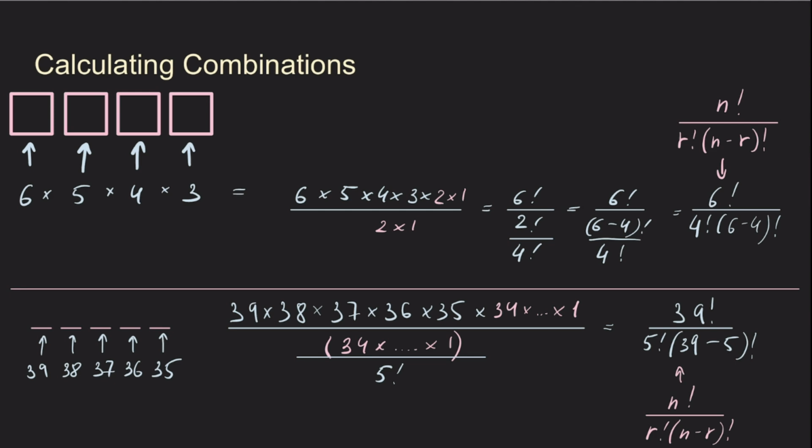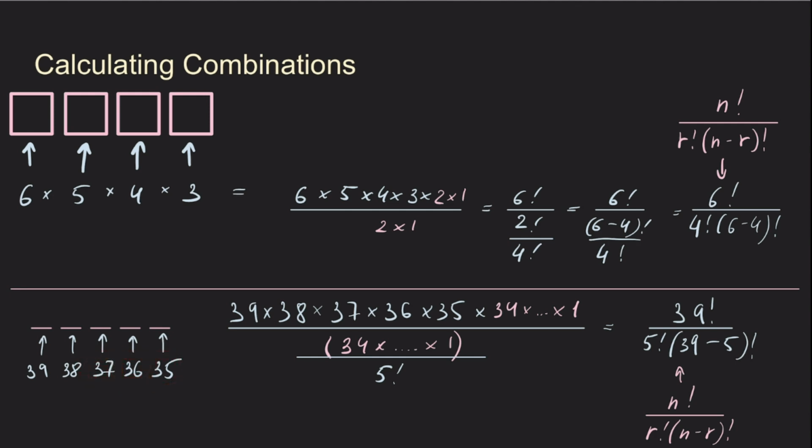Now, next example for the combinations is selecting 5 numbers out of 39 for the lottery ticket. Again, the order doesn't matter, so we choose the number among available 39 numbers as our first choice. Then 1 number out of 38 remaining for the second spot, and so on until we fill up all 5 spots.